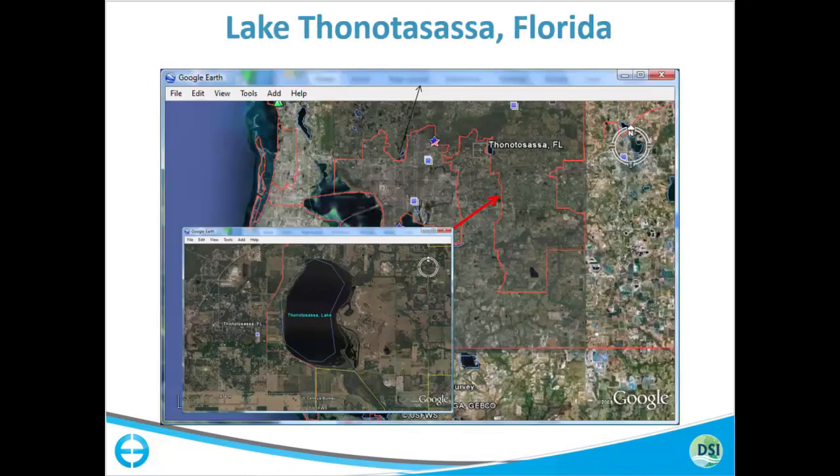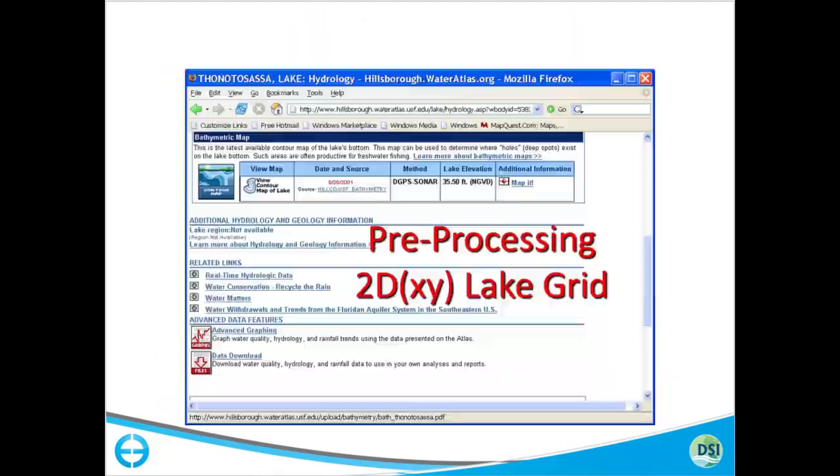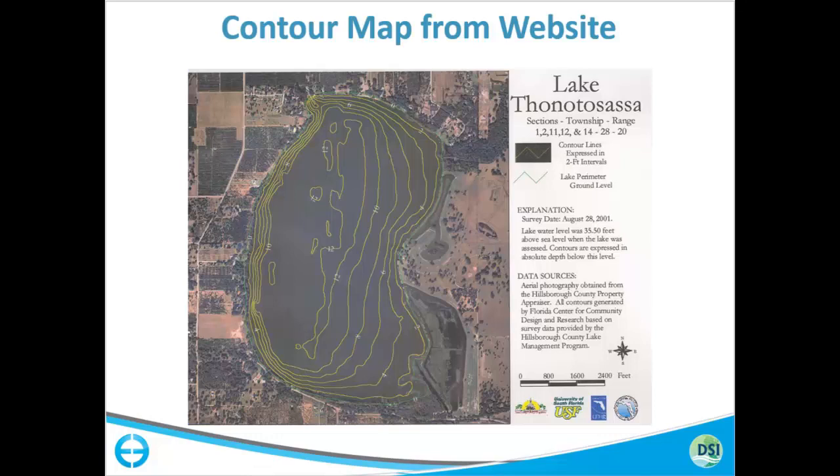This is the study area. All of you already saw it before in Google Earth. The data was derived from the University of South Florida's website, and they have these contour maps, and we digitized those bathymetry and extracted the X, Y, and Z coordinates that we will use to define the bathymetry.